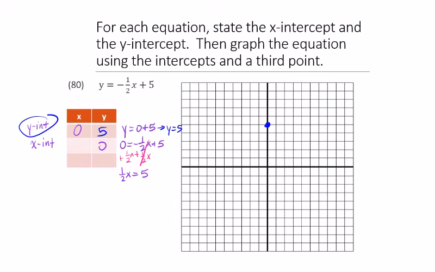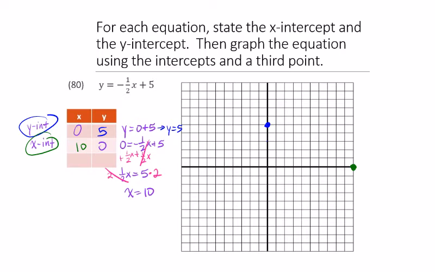And I'm going to multiply everything by 2 to cancel out the 1/2, or I can multiply by 2 over 1, right? But it's the same as 2. So then I get x equals 10. Okay. All right, so 10 comma 0 is my x-intercept. So I'm going to go 1, 2, 3, 4, 5, 6, 7, 8, 9, 10 on the x-axis.